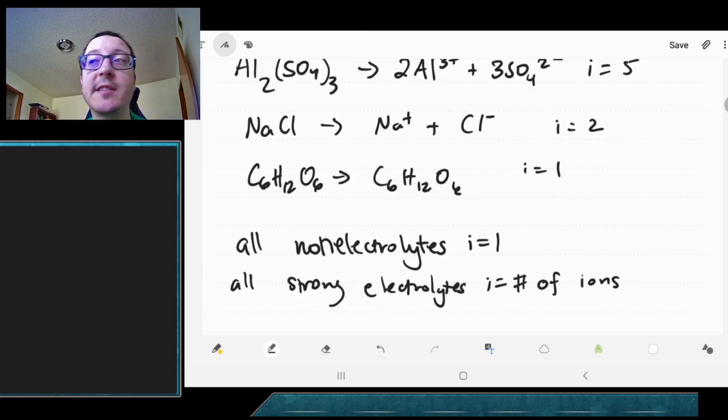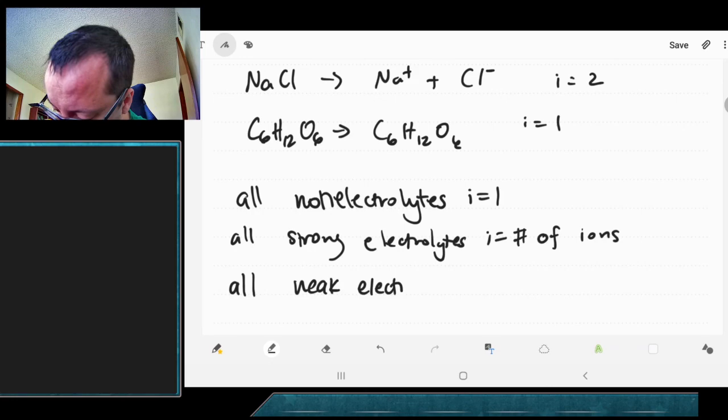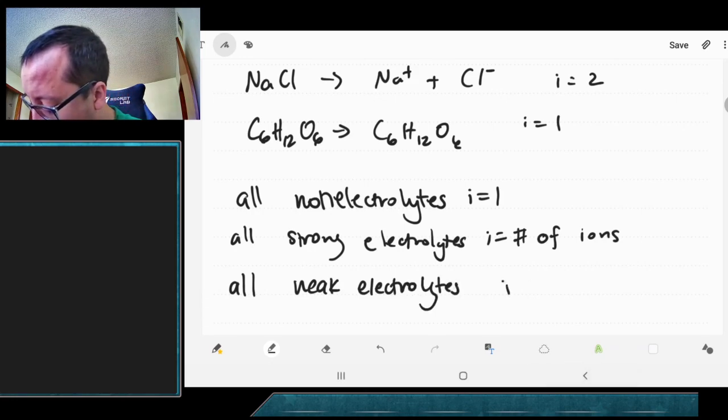And while we're not going to necessarily work with our weak electrolytes when we talk about this stuff, I'll just put that out there. Our weak electrolytes will have an i somewhere between 1 and 2.